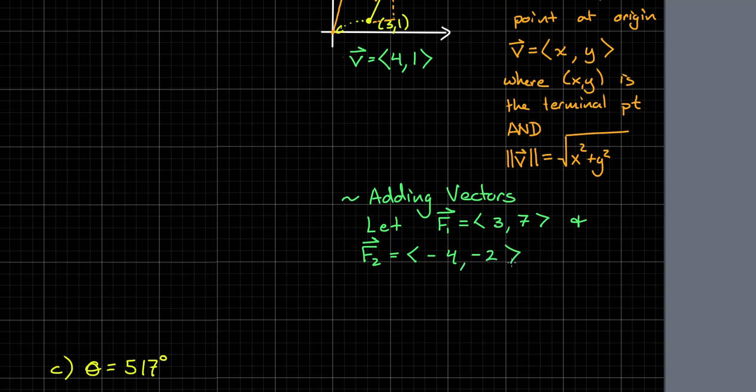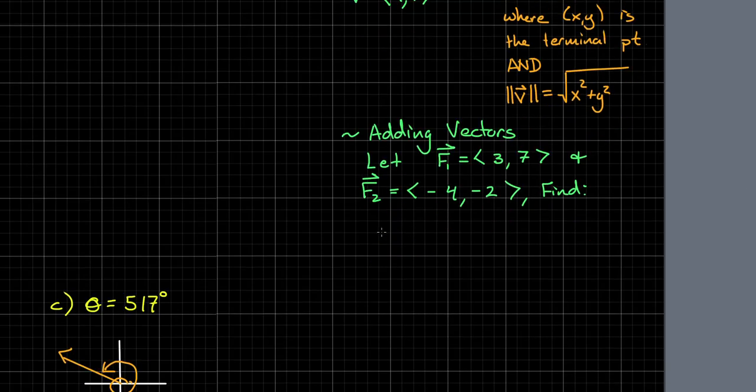If I want to find the resultant force, if I wanted to take vector 1, that force that we applied, and vector 2, this is a resultant. I'm just going to label this equals FR. We're looking for this value.